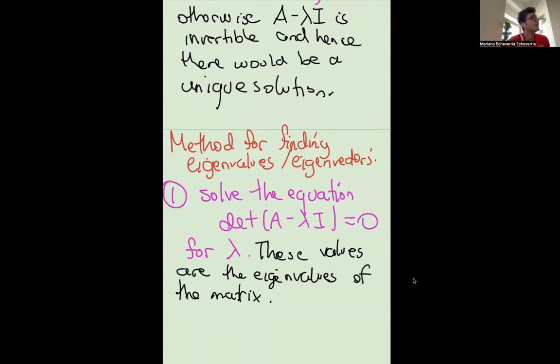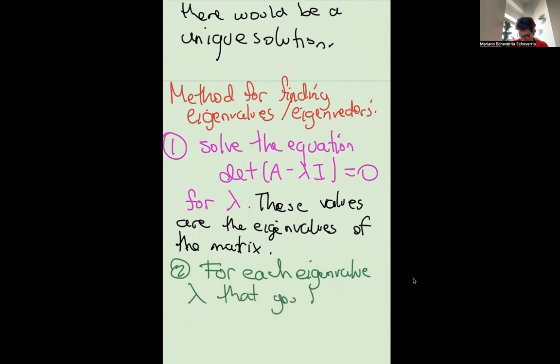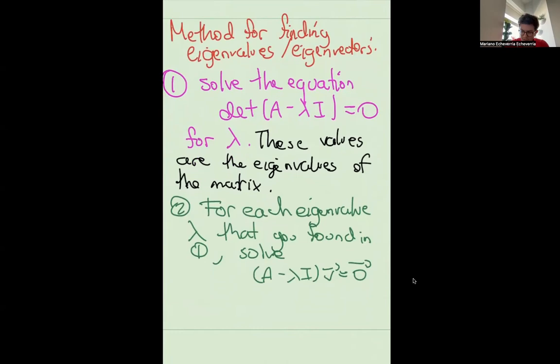And then for each eigenvalue lambda that you found in part 1, you solve A minus lambda I times V equals 0. But that's essentially a homogeneous system.